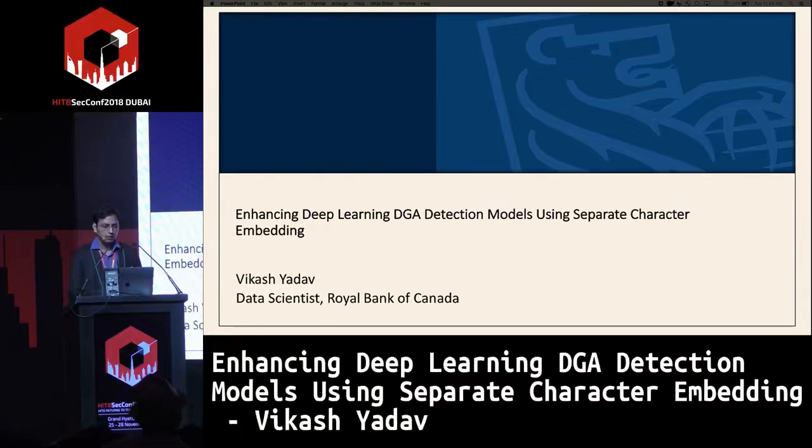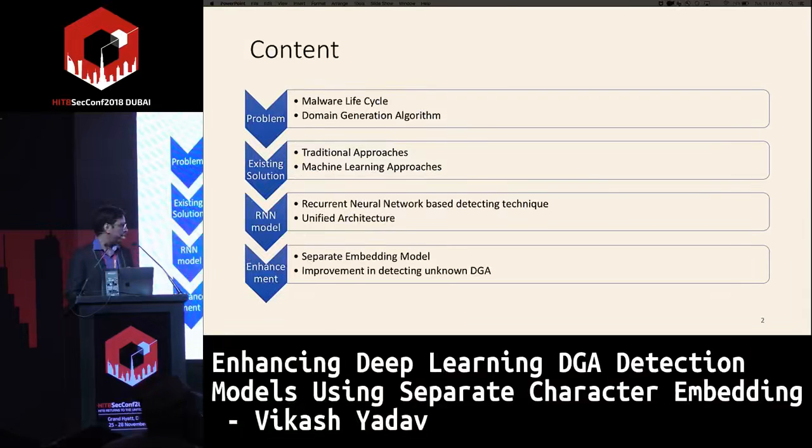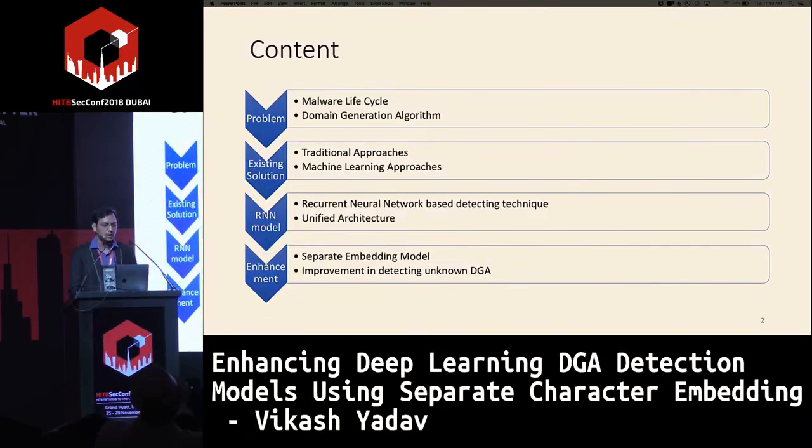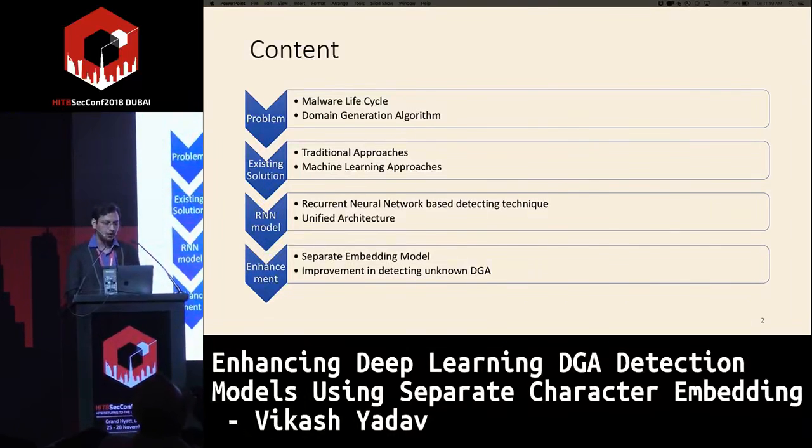I've divided the presentation into 4 sections. In the first section, we are going to look at the problem, what we are trying to solve. Next, we look at some of the already available approaches to tackle this problem, both traditional as well as machine learning based approaches.